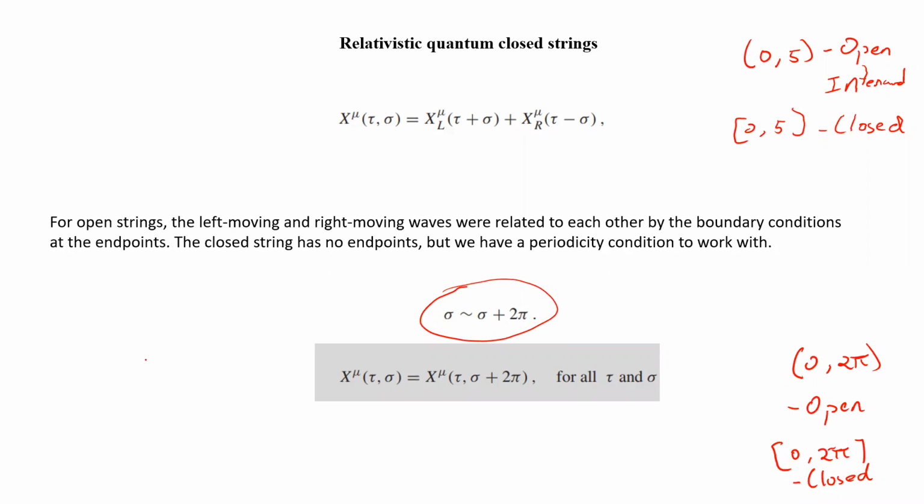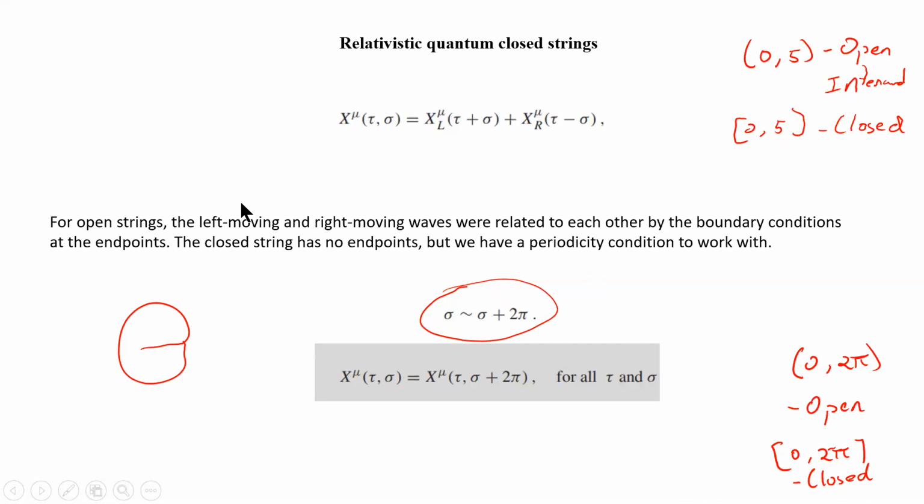You do a complete rotation of 360 degrees and come back to the same point. So it's like the same point on the circle, right? Therefore, for a closed string, we have a periodicity condition to work with.